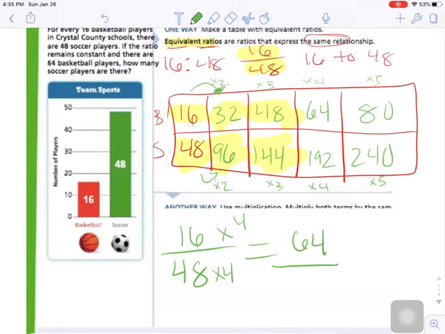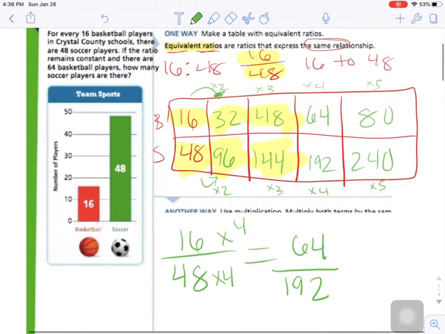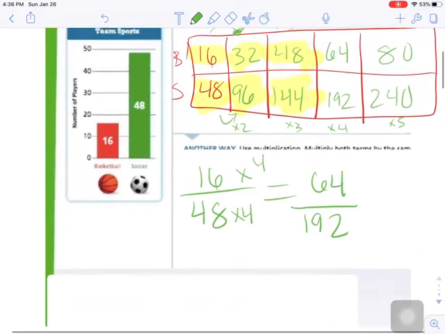So 48 times 4 is 192. And this would have shown us our equivalent ratio as well. The other way that you can check for equivalency is by using cross multiplication, which I will show you in a further example. But this right here is how we can use multiplication to find equivalent ratios.